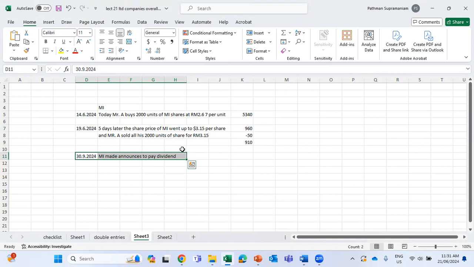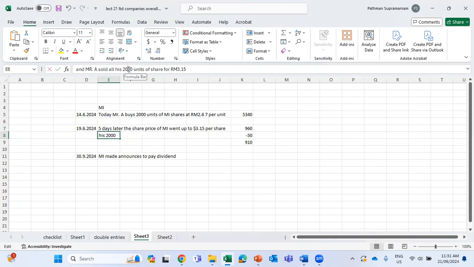Understand? But maybe if he sold partially, let's say he sold 1,000 units, then he has a remainder of 1,000 units, right? Then he will get dividend on the remainder. As long as he's got some units, he will get dividend. If I change the example, if he sold 1,000 units, the profit is 3.15 minus 2.67 times 1,000.